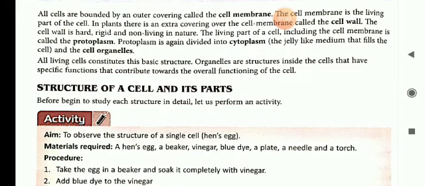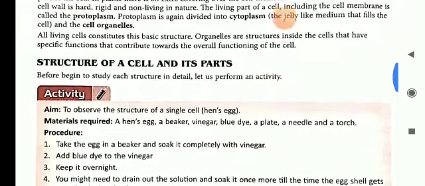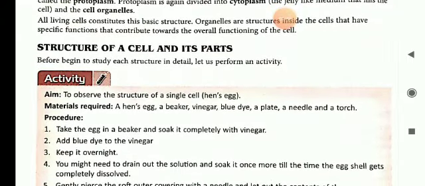So all living cells constitute this basic structure, and organelles are the structures inside the cells that have a specific function. It is inside the cell in the cytoplasm, and it performs some specific function which contributes towards the overall functioning of the cell. So, structure of a cell and its parts. One by one, we will read about all the parts of the cell.